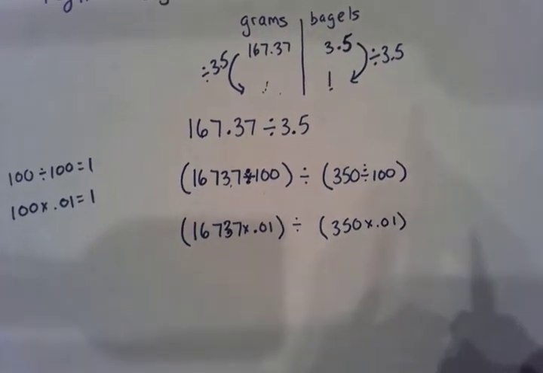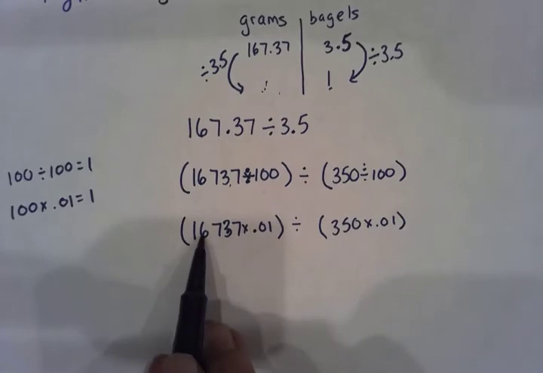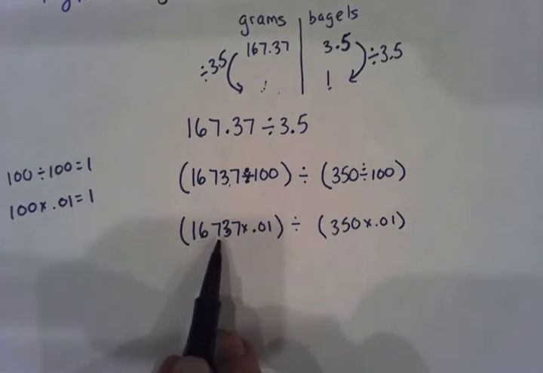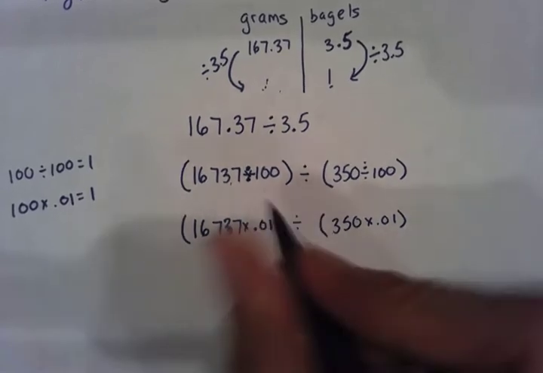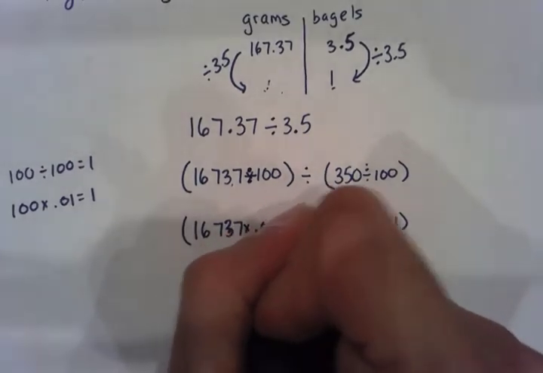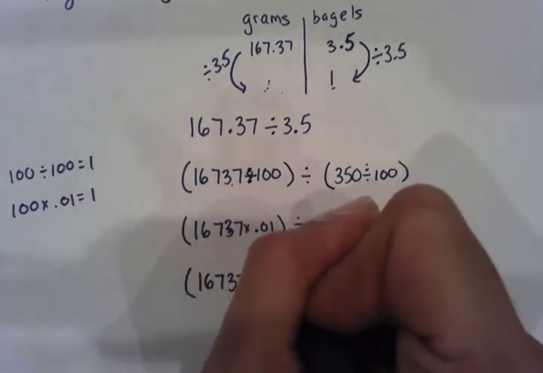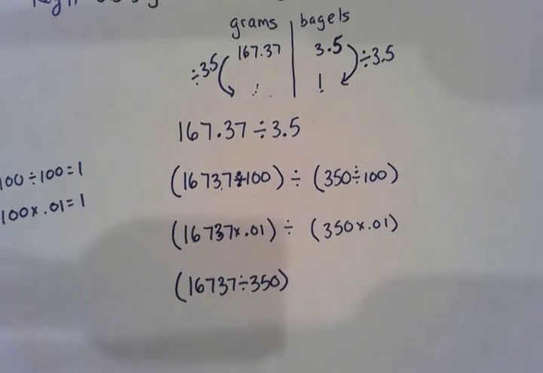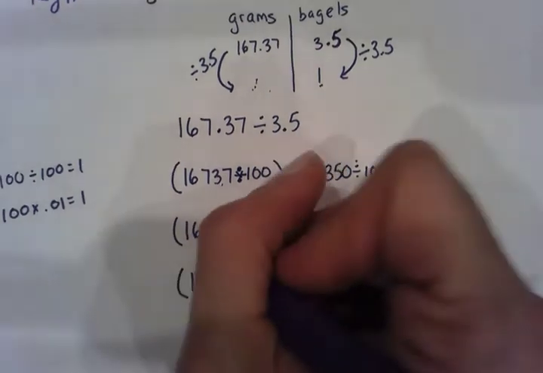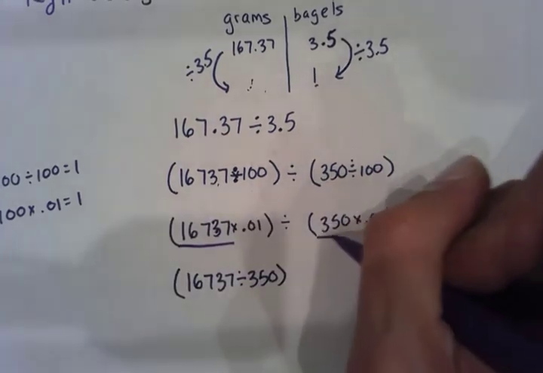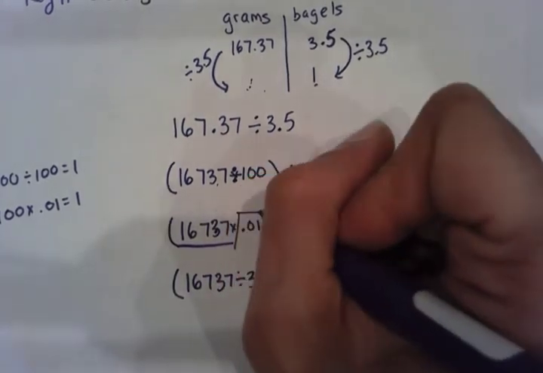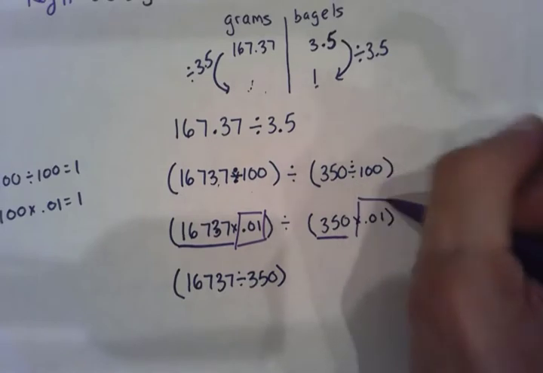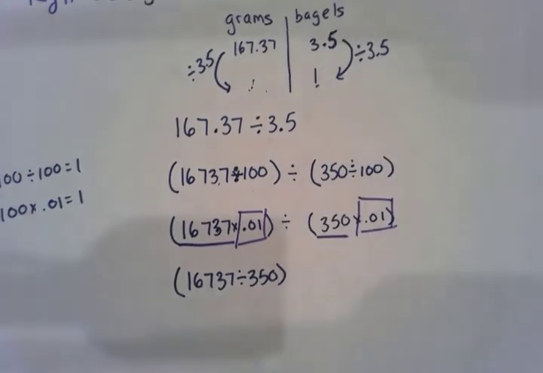So now I know how to actually do 16,737 divided by 350. But we cannot forget about these two terms right here, even though they are the same terms.